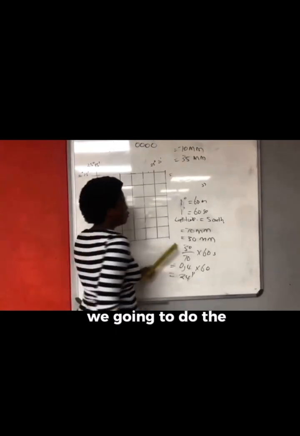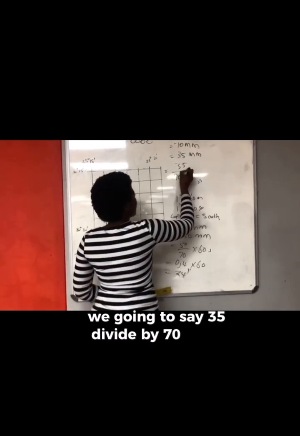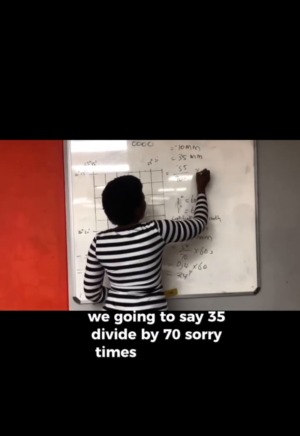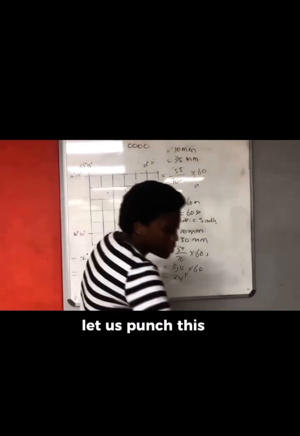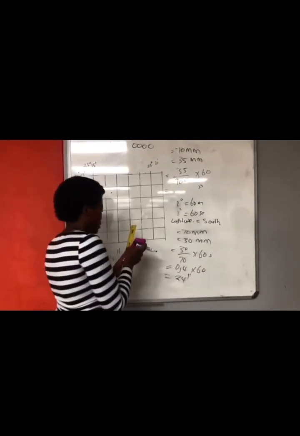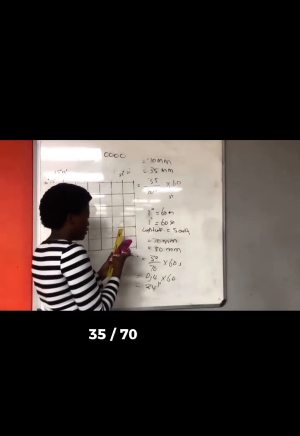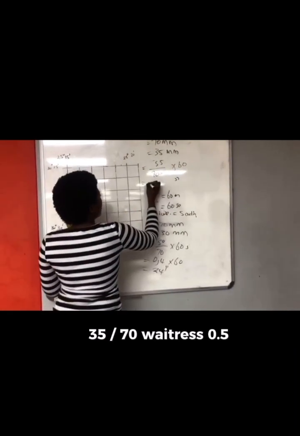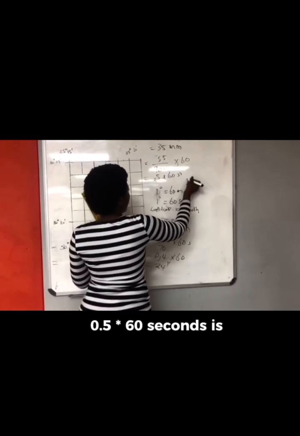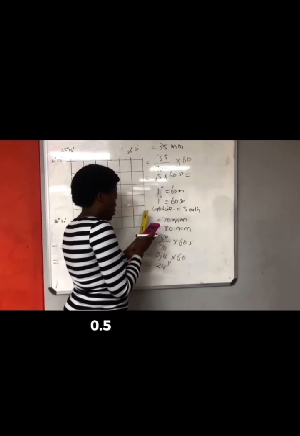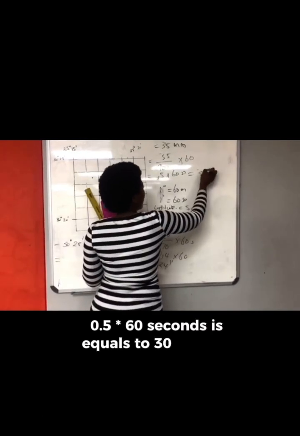We're going to do the same process. We're going to say 35 divided by 70, times 60 seconds. Let us punch this in a calculator. 35 divided by 70 is 0.5. 0.5 times 60 seconds is equal to 30 seconds.